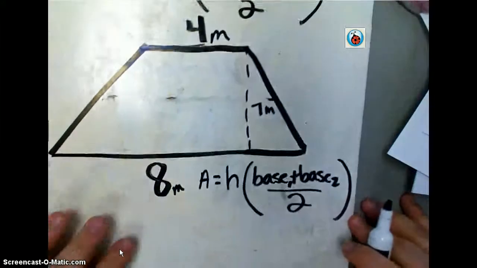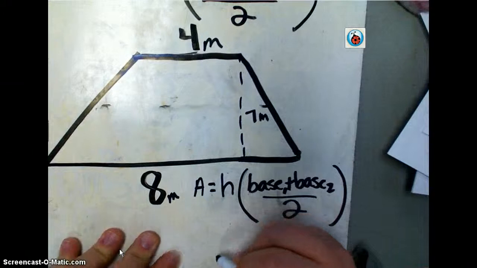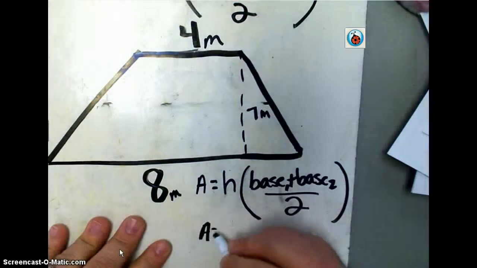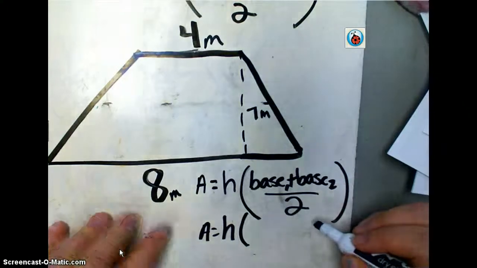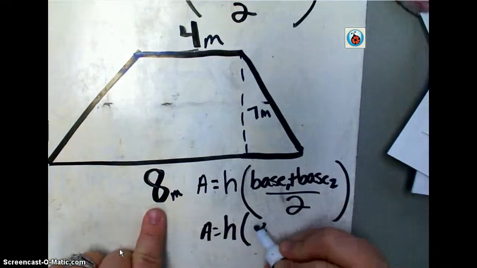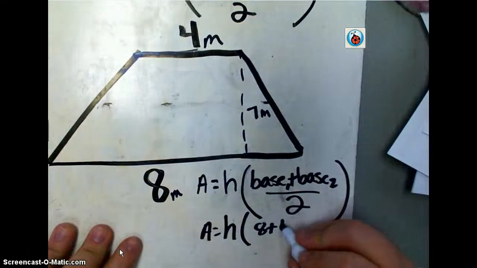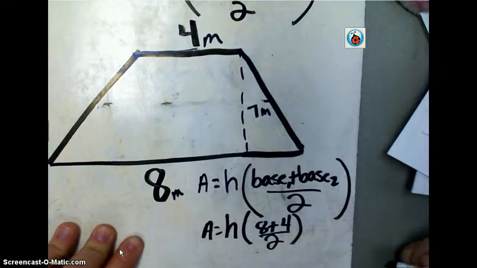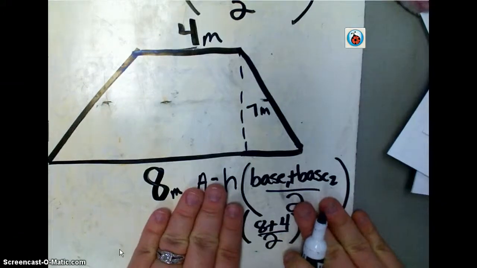Alright, so when I look at my shape, I want you to get in the habit of rewriting the formula. So I'm going to say A equals my height times base 1 is 8 plus base 2 is 4 divided by 2. Okay, let's simplify the parentheses and not worry about anything else.